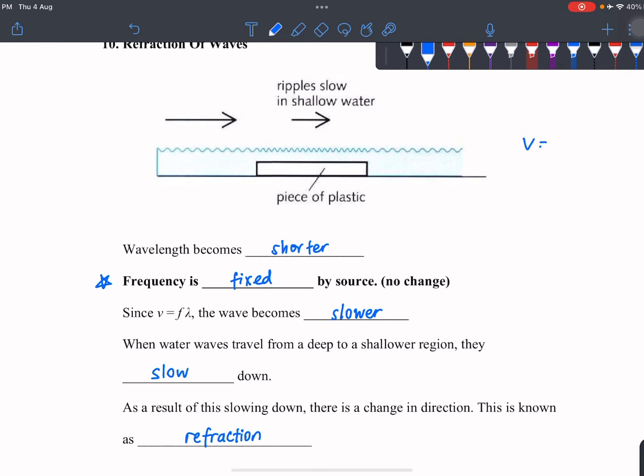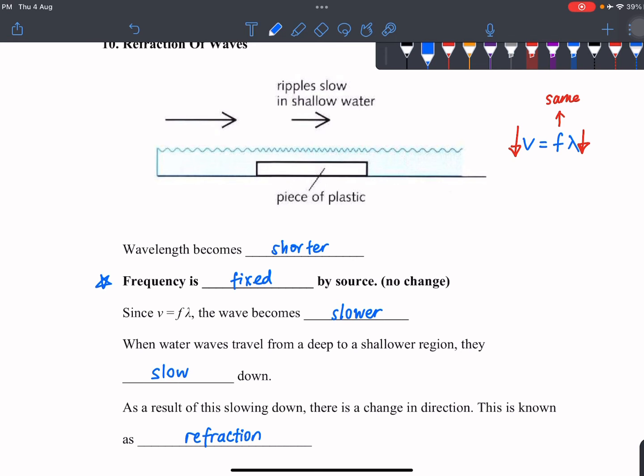Let's take a look at the wave formula: v equals f lambda. Under refraction, this would be the same. As the wave travels in shallower water, the wavelength decreases, and because of that, the speed also decreases, because they are directly proportional.